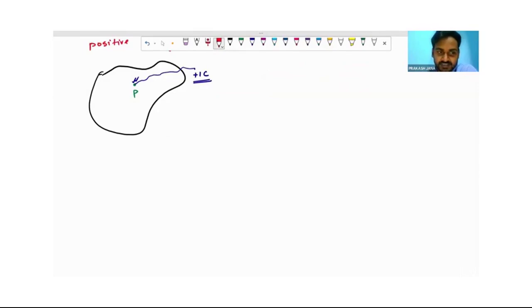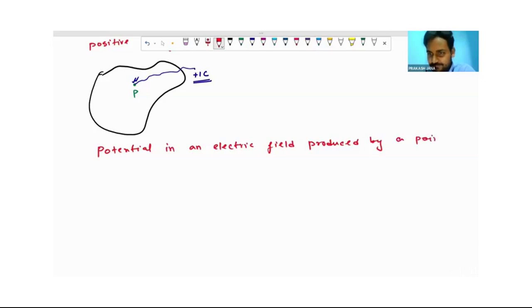Let me write the potential in an electric field produced by a point charge at a distance r.